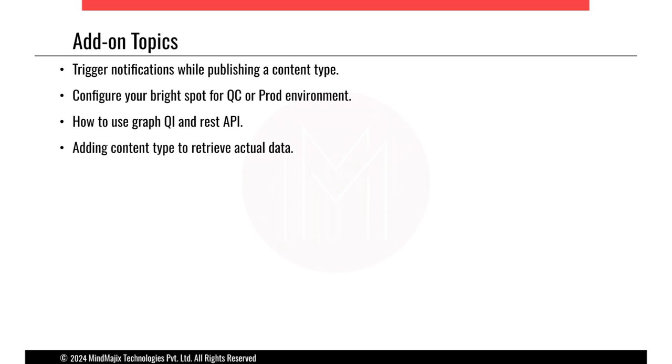There are a lot of content types that I have told you about earlier. We will be learning how to add these content types on Brightspot. We will see this on the playground live, and we will see how we can actually retrieve the data, because before retrieving the data, if you have created a content type, then you have to add this content type to your actual headless CMS server.